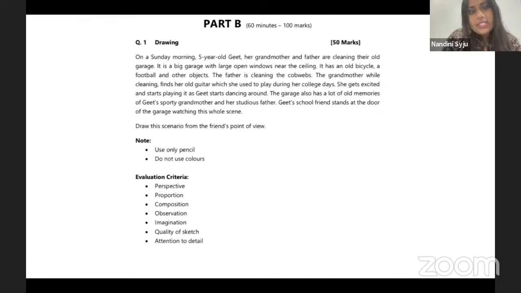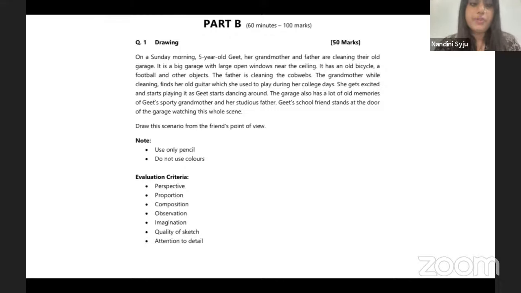And then it ends with the garage also has a lot of old memories of Keith's sporty grandmother and her studious father, right? So you obviously have to add these visual cues. I don't know if you guys have seen those films where they add like a pen or a particular object into the setting to say something about the character.